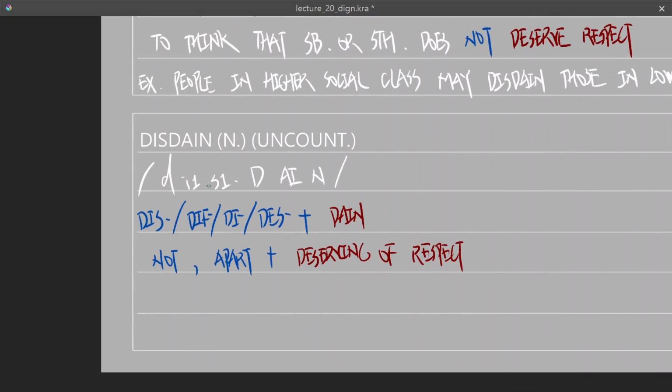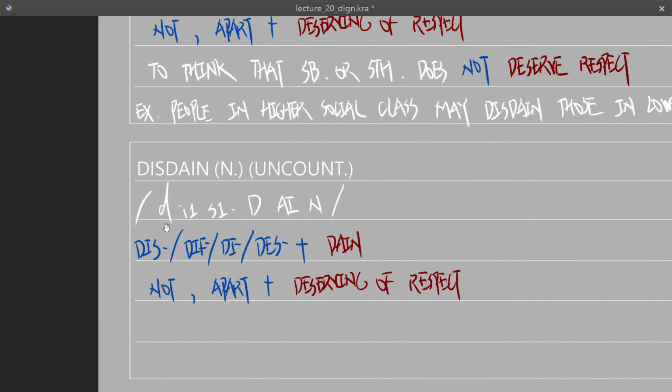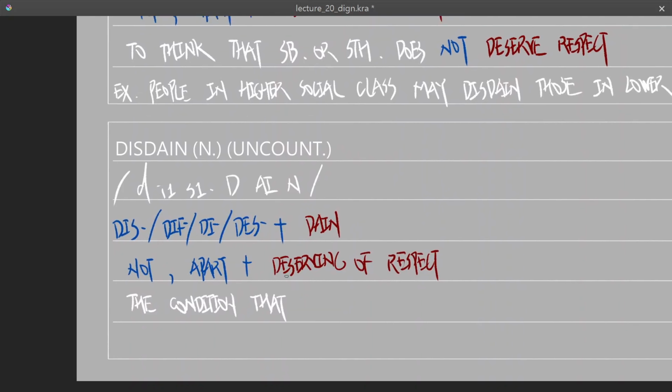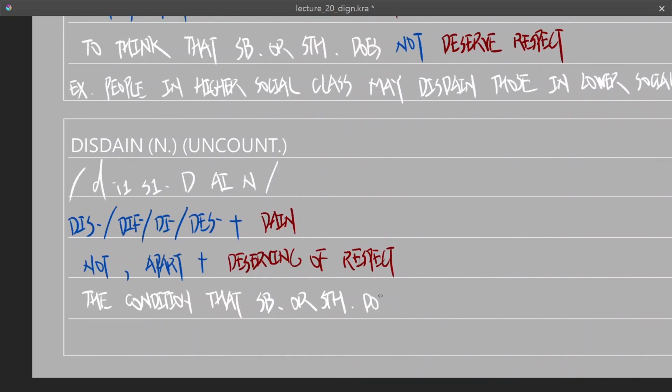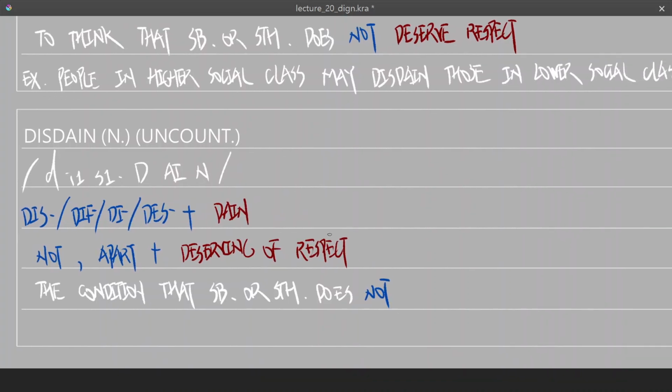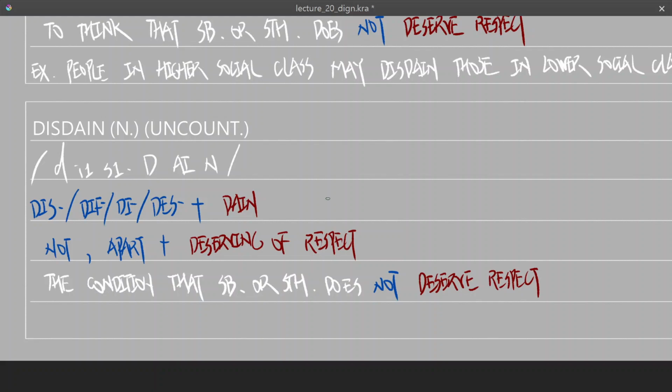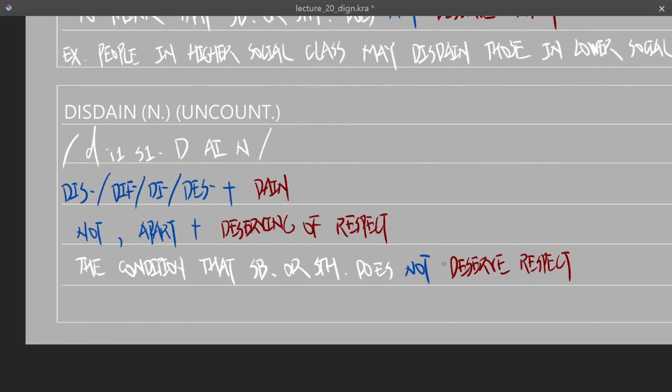So disdain as a noun means the condition that somebody or something does not deserve respect.